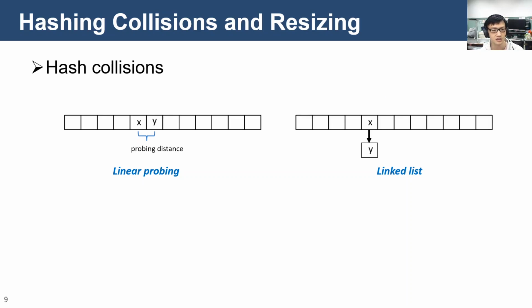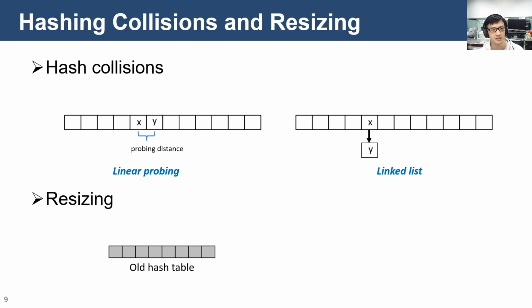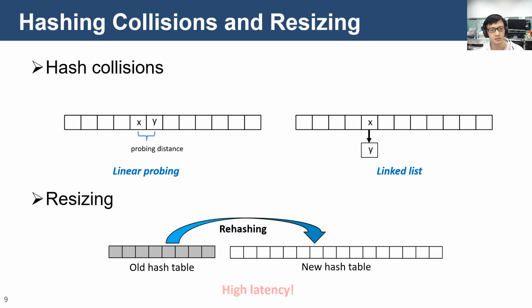However, when hash collisions cannot be addressed or the hash load factor approaches a threshold, the hash table needs to be resized to increase the capacity. The traditional resizing allocates a new table with 2 times as many buckets as the old table and rehashes items from the old table to the new one, thus leading to high latency.